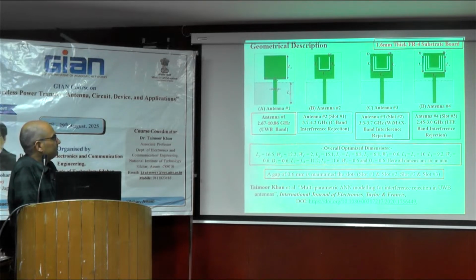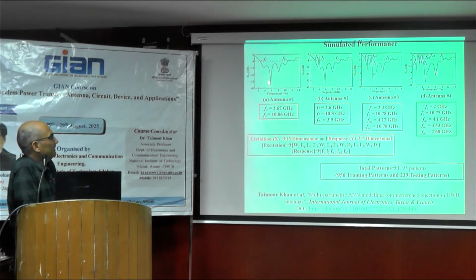Then here you can see the antenna 1 response. Then antenna 2, this notch is coming, this particular point will reject that specific band, that is 3.9 gigahertz frequency. Along with the f1 f2 lower and upper cutoff frequency, you are getting two notches fn1 and fn2, and here in the three-notch case fn1 fn2 fn3.